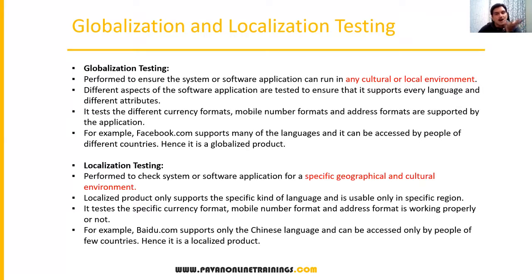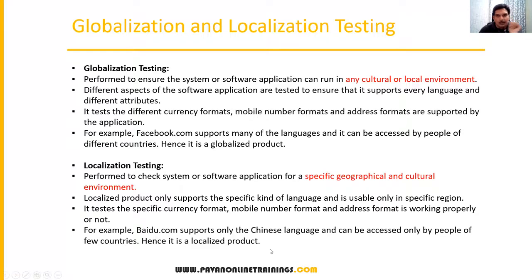Almost all their applications support localization. If you have such types of applications, you have to conduct localization testing. In our application, we check whether the date formats are related to their local region and standard, and the mobile number formats too. These things we have to focus on while performing globalization and localization testing.